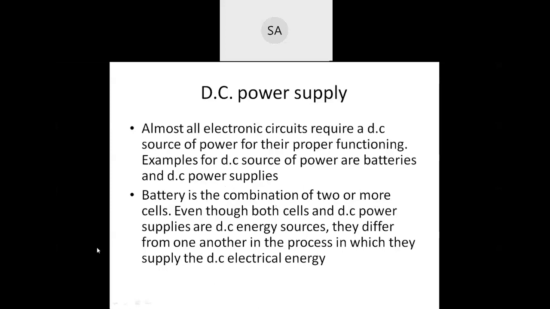Even though both cells and DC power supplies are DC energy sources, they differ from one another in the process in which they supply the DC electrical energy. The amount of energy produced by batteries and dry cells is different compared to DC power supplies.